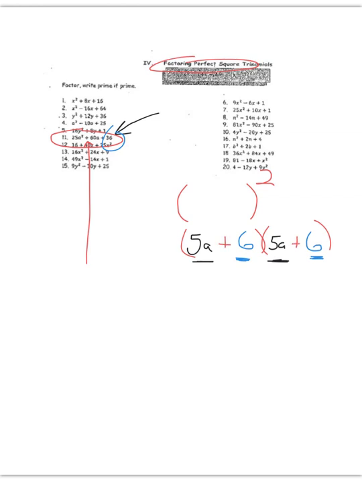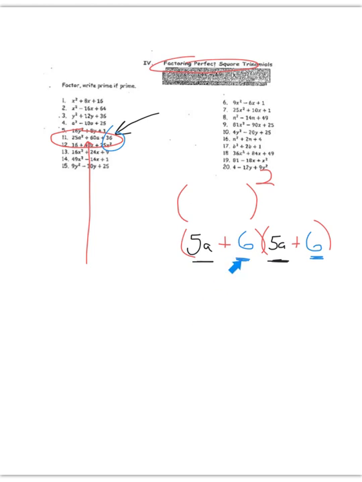Now, just to justify that this is right, I can multiply the two 5a's together to get my first term in number 11. I can multiply my 6's together, here and here, and that'll generate my 36. But what about this term here? Remember last time when we had that plus-minus pattern, there was no middle term, and now we do have one. Well, that middle term comes from two little things.